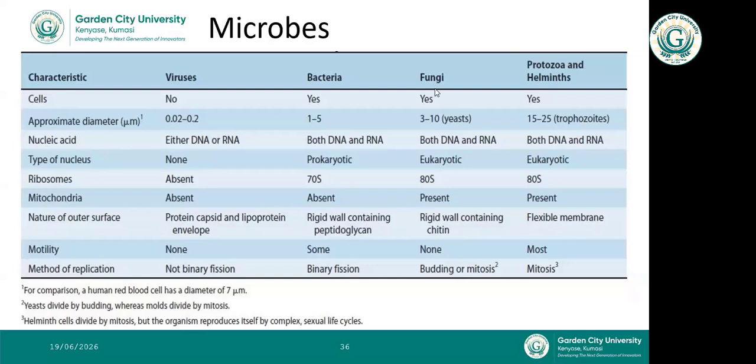But when it comes to controlling fungal infections and protozoan infections, it's difficult to target the ribosome because we share the same ribosomes. So usually we don't target the ribosome for fungal or protozoan infections, because they are all eukaryotes. But for bacterial infections, we target the ribosome.